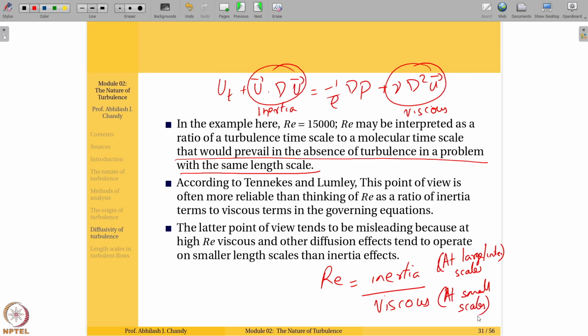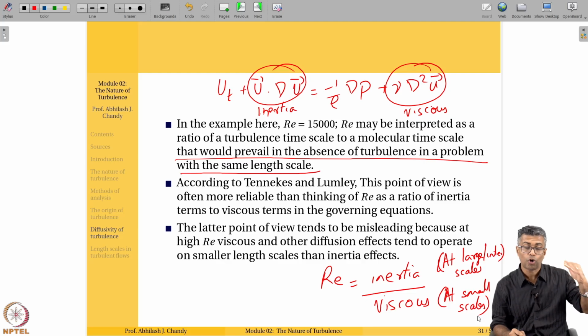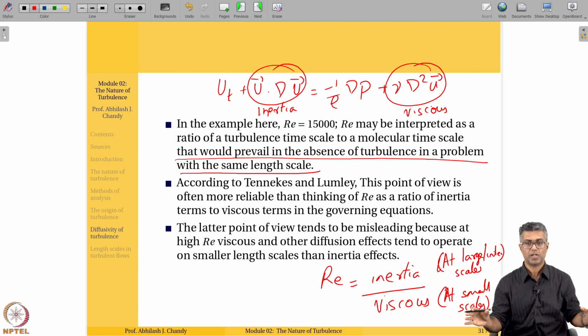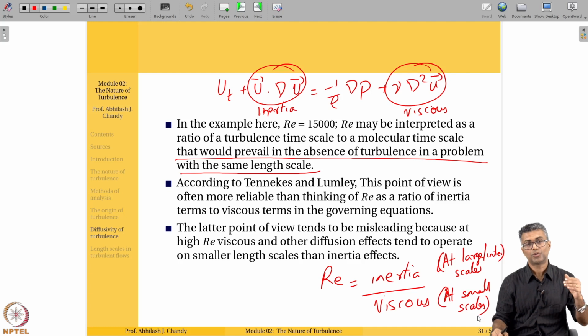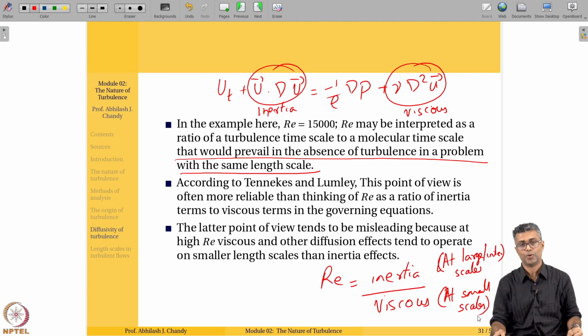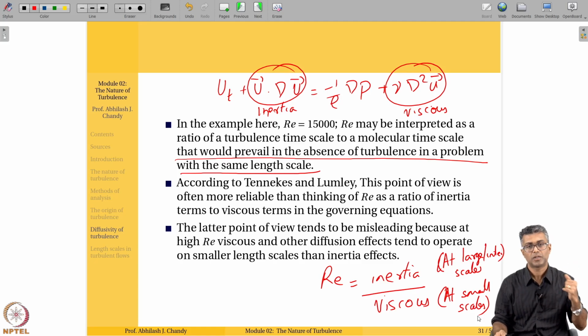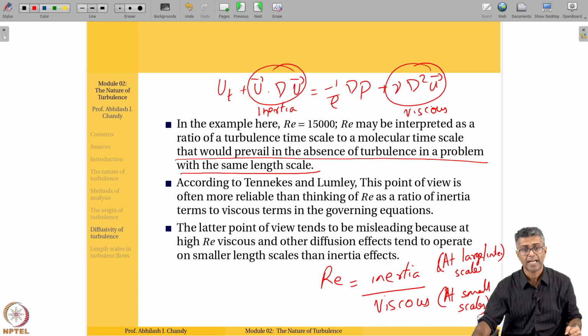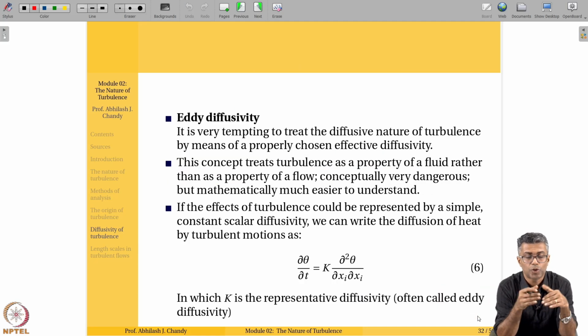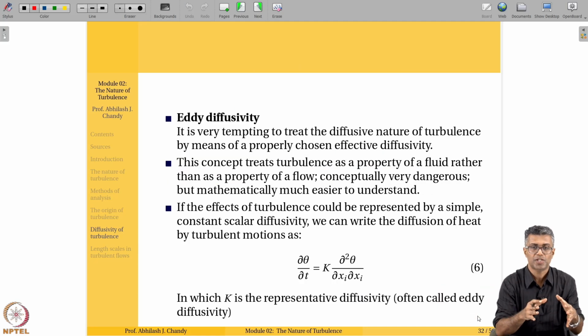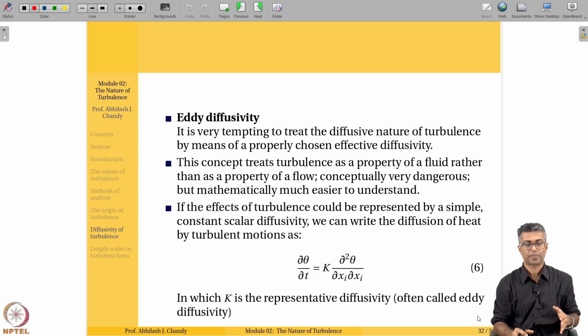So we are comparing two quantities that are dominant at different ranges of length scales. Is it fair to consider the Reynolds number as a ratio of those two terms? That is what Tennekes and Lumley are arguing. What they are saying is, why don't we just consider it as a ratio of timescales, the turbulent timescale to the molecular timescale? That's their argument. So that takes us to this concept called eddy diffusivity.